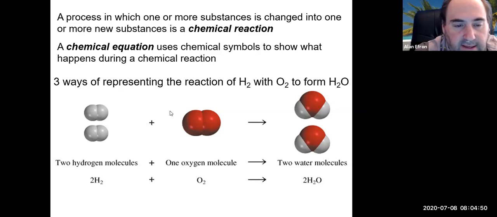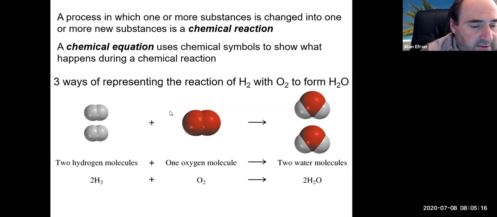The key is you can't do anything physical to it, like boiling, melting, or freezing, to get back your original substances. The only way to get back is perhaps through a chemical reaction going the other way.